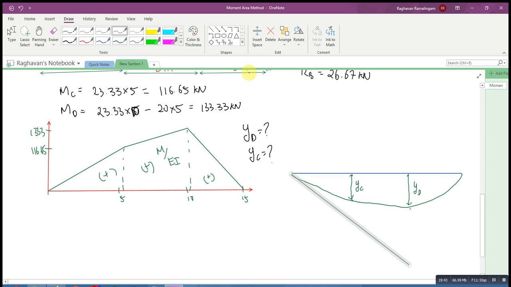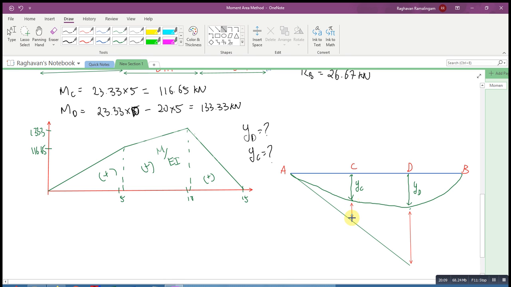Okay, so I've drawn a tangent from A. So this is A, C, D, B. And I'm going to mark out the tangential deviations.